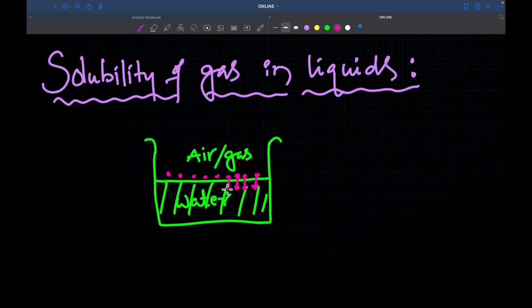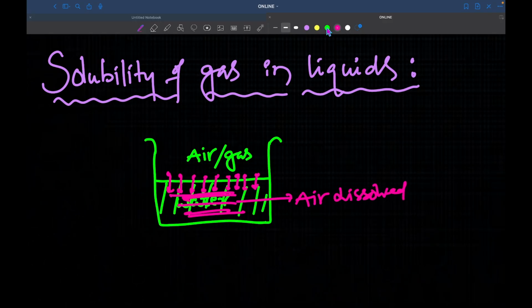So these gas particles will be captured into the liquid. That's why some portion of the air or gas gets dissolved in the water. So any liquid which is in contact with the atmosphere has some air dissolved in it.